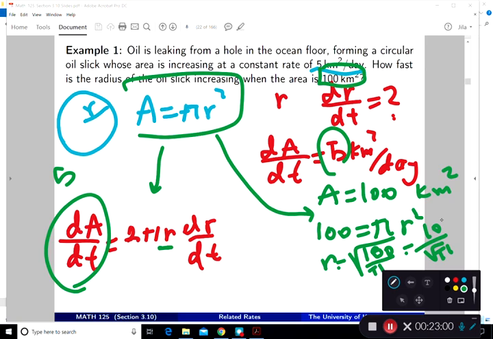Now, let's plug that back in here. So I get r is equal to 10 divided by square root of pi.